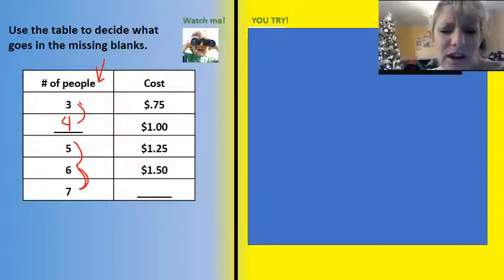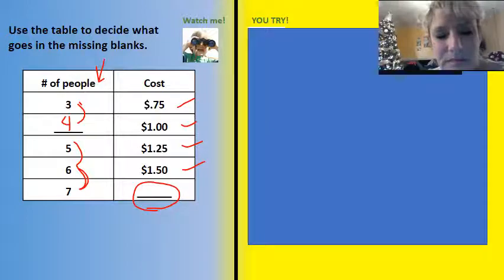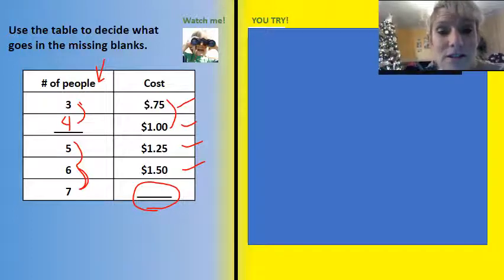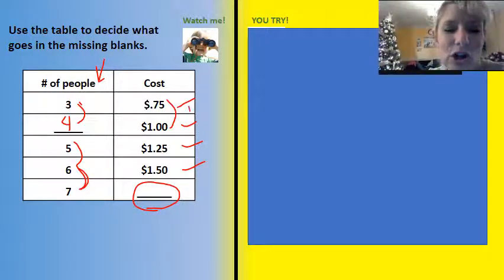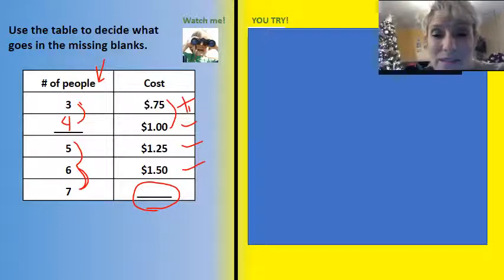So I have 75 cents, $1, $1.25, $1.50, and then I've got this blank right here. So if I were to try and figure this out, I'd say to move from 75 to $1, my answer is getting larger. So I'm going to have to be adding something, right?